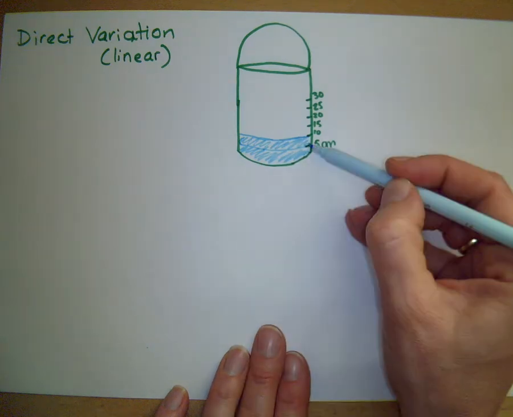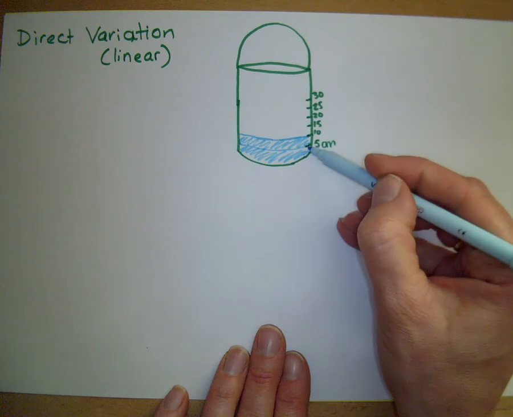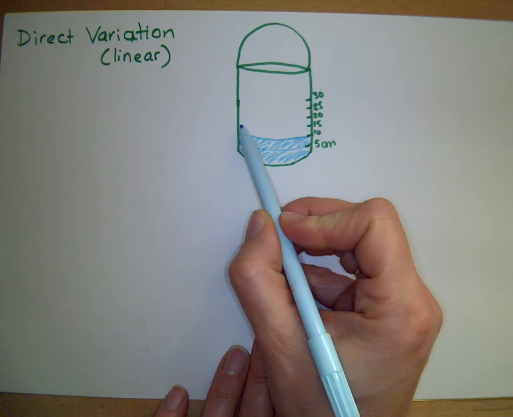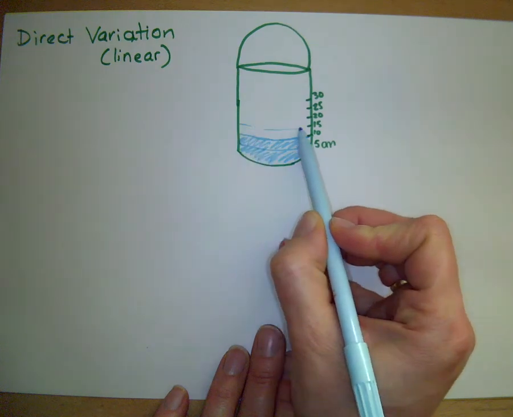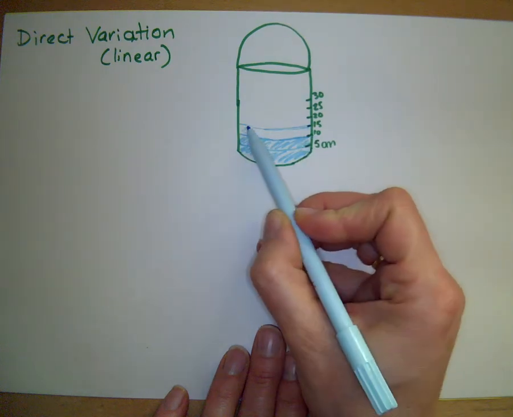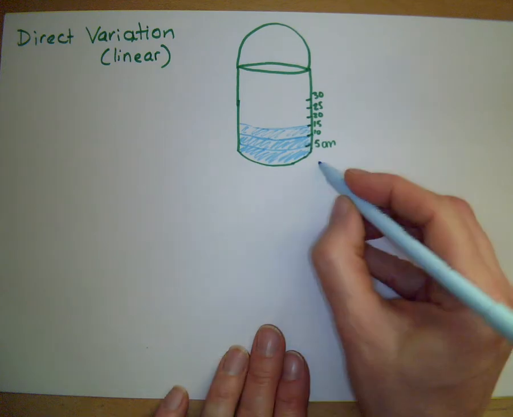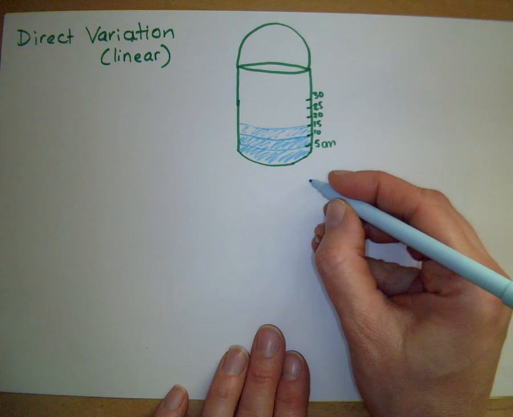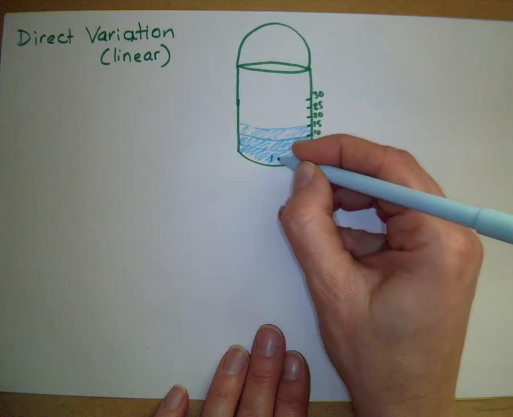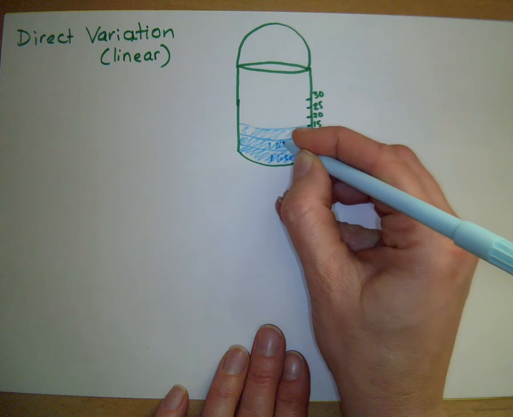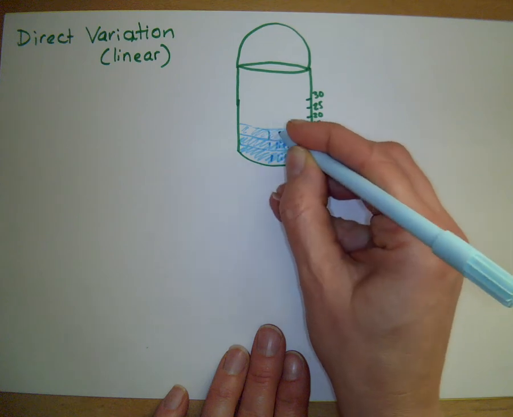The water rises another 5 centimeters so that it reaches 10 centimeters. And you can imagine for each liter that I pour in, the water level rises with 5 centimeters. So for every 1 liter, it rises 5 centimeters.